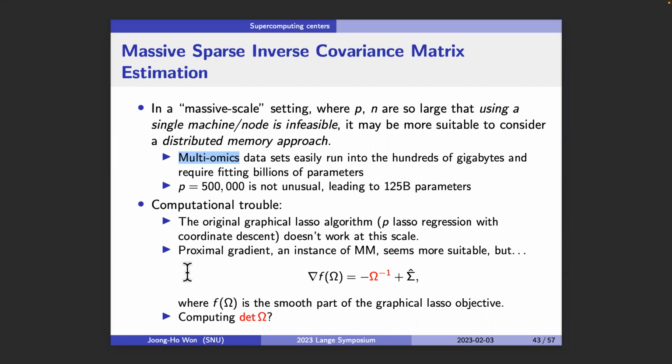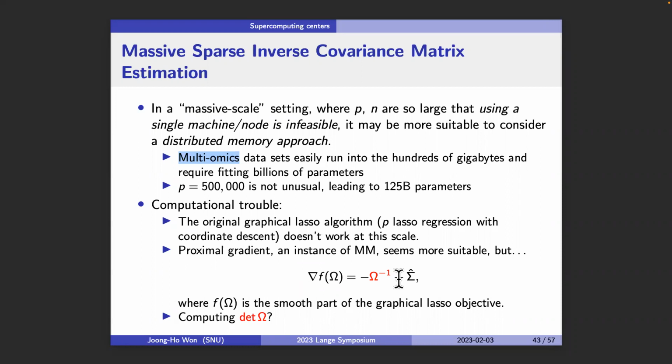This is a more parallel-ready algorithm, but there's also a problem. This algorithm involves the gradient of the smooth part of the objective function, meaning the Gaussian log likelihood. But if you take the derivative, then it involves the inverse of the omega matrix, the matrix variable.